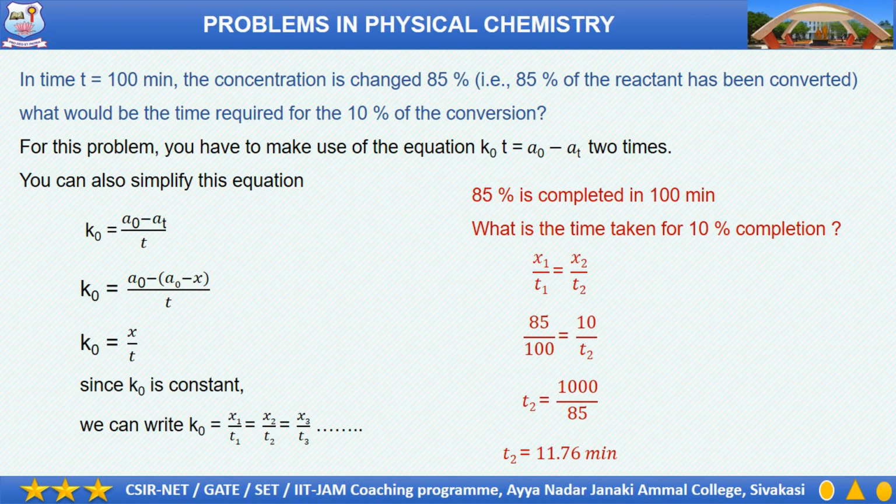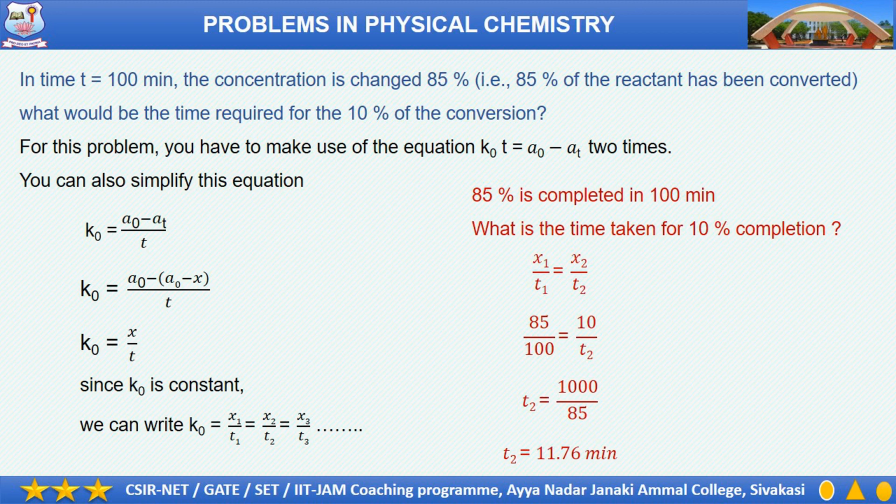We have already seen this. For example, in time t, 80% of the reactant has been converted. What would be the time required for 10% of the conversion?